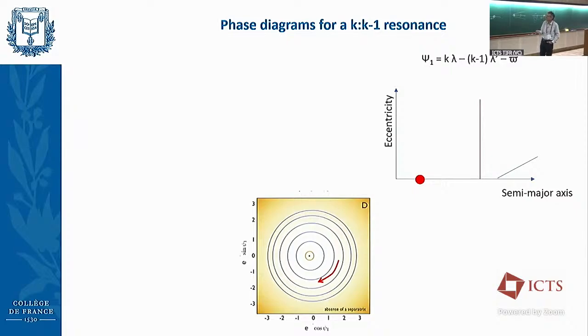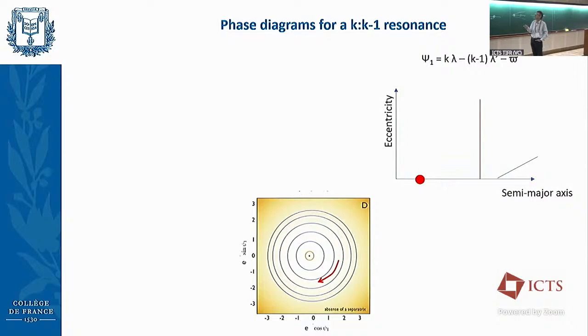And this is the way to do it. So the natural coordinates are the eccentricity, because as you are moving on this surface, the eccentricity changes. So the radial coordinate in this diagram will be the eccentricity. And then there is an angle which plays a privileged role in the resonance, which is called the critical angle of the resonance, which is this one.